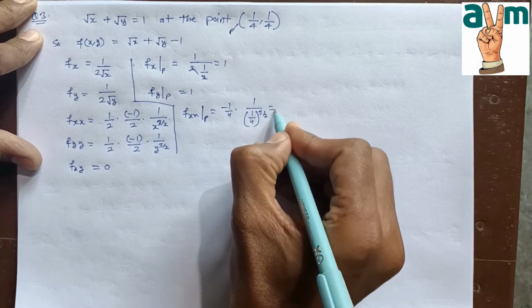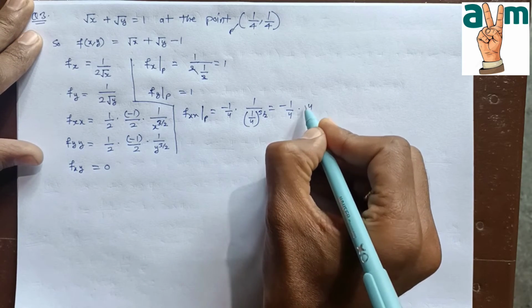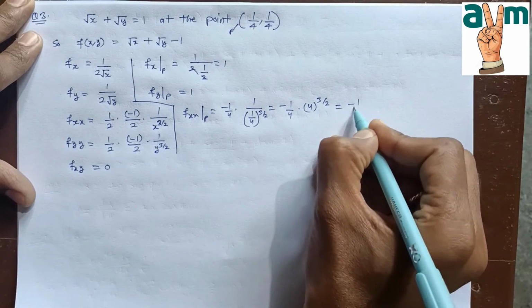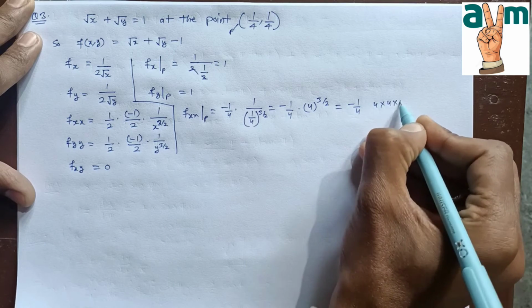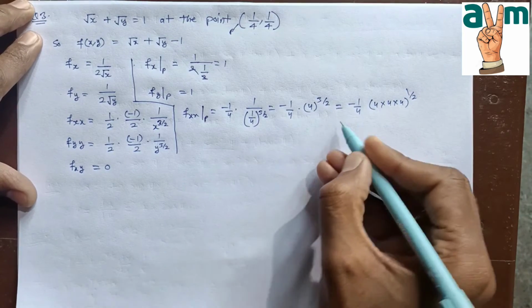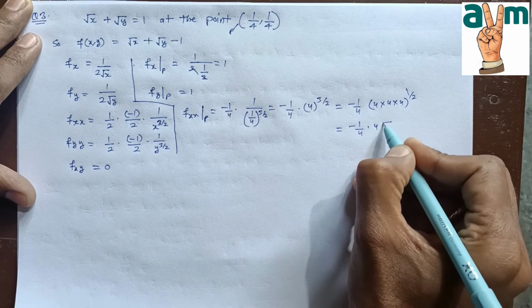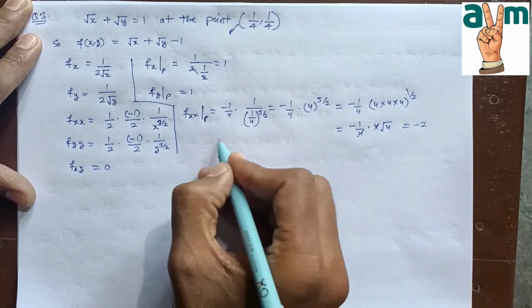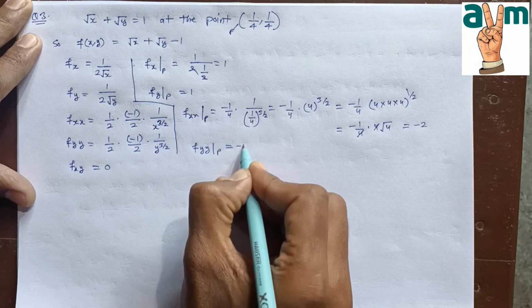So this is minus 1 upon 4 into 4 to the power 3 by 2, which is 1 upon 4 into 4 into 4 to the power 1 by 2, that is 1 upon 4 into 4 into root 4. The 4s cancel out, and this is minus 2. So the value of fyy at point P is also minus 2.